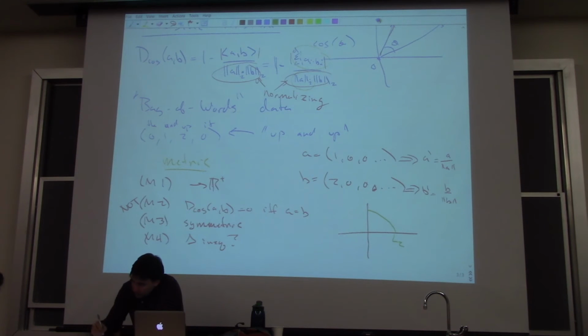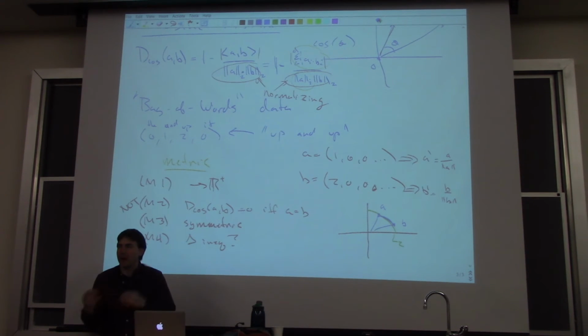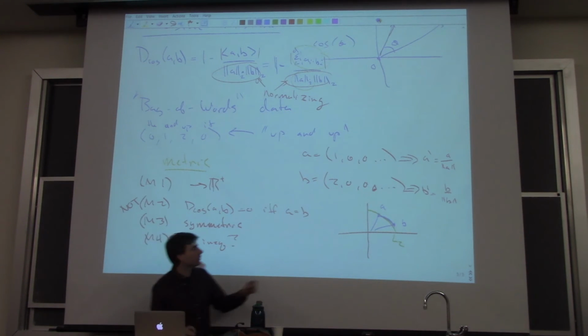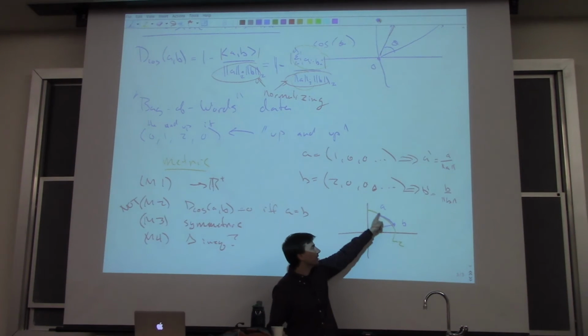So I'm going to have two points here, say A and B. And this angle between them, instead of thinking about the cosine of an angle, I can think of it in terms of the radians. That's its monotonic relation with the radians, and monotonic is enough. You can think of it as the radians, which is the length of distance on the L2 ball.